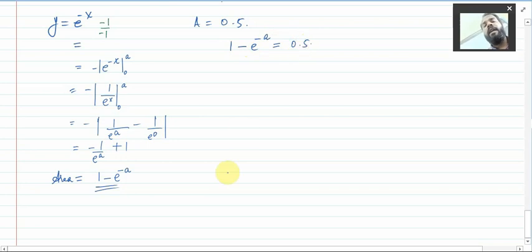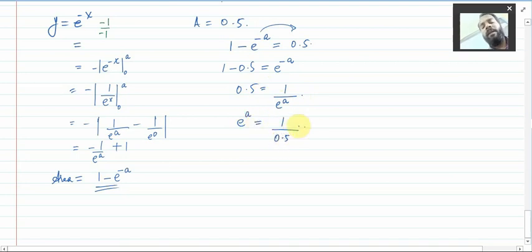Now we need to simplify this equation to find out the value of a. So firstly, I will make this exponential positive, so I will shift it to the right side, it will be e to the power minus a equals 1 minus 0.5. 1 minus 0.5, it's 0.5, which is equal to 1 divided by e to the power a, right? Or I can say that e to the power a is 1 divided by 0.5.